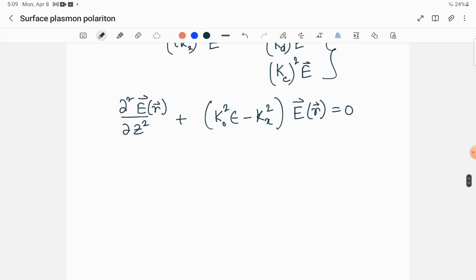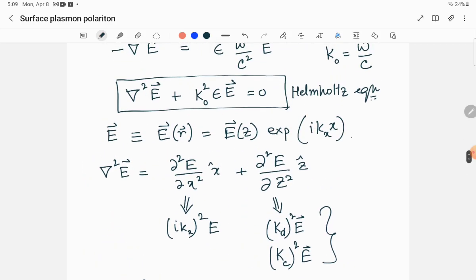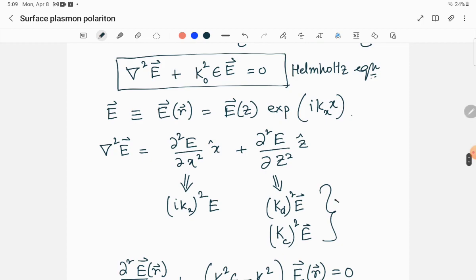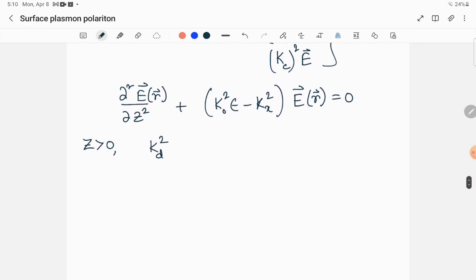Okay, so we just can go one step further in this. What we do is, because we know the dependence of z, so for z greater than 0, that is in the dielectric, we have kd square instead of this, because as you see here we had this derivative here, we had it as kd square plus k0 square epsilon minus kx square.